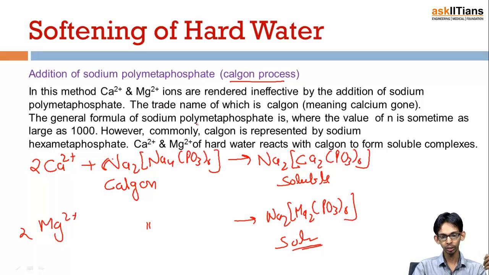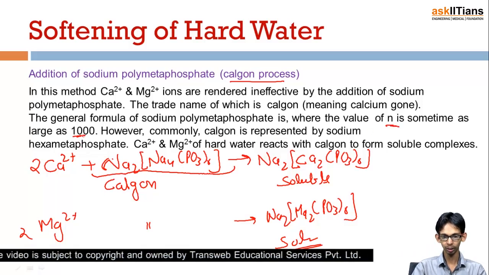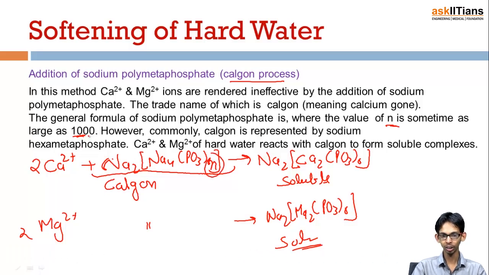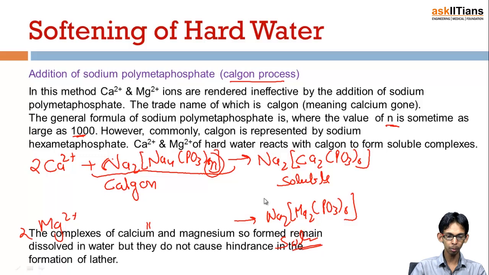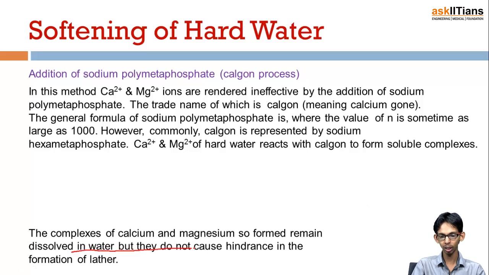The general formula of sodium polymetaphosphate is like this, where n can be as large as 1000, maybe larger than 10,000. So Calgon is added, and the calcium and magnesium salts are converted into soluble salt. This complex of calcium and magnesium so formed remains dissolved in water, but they do not cause hindrance in the formation of lather.